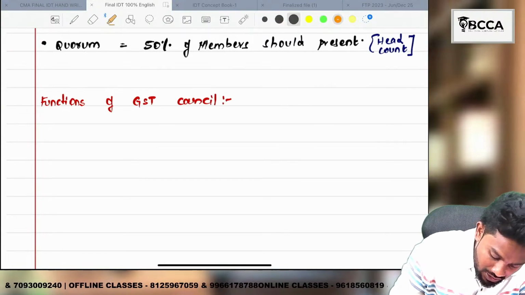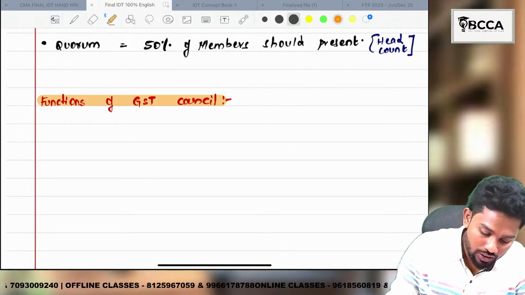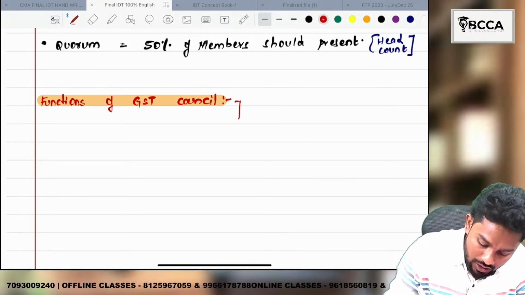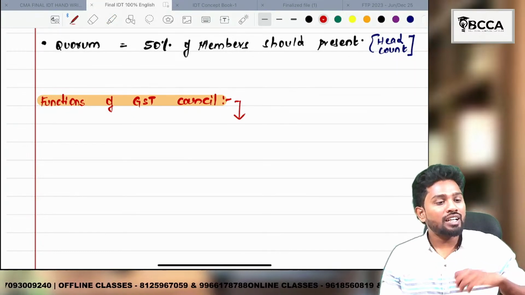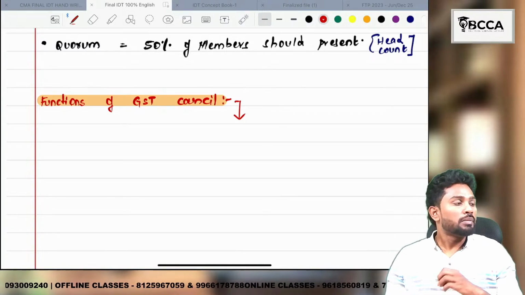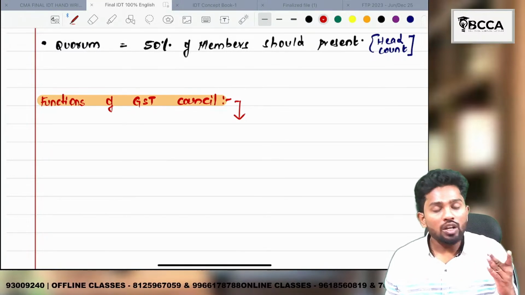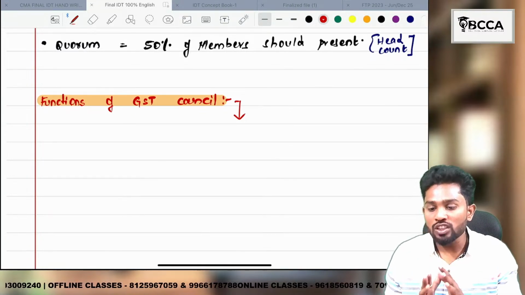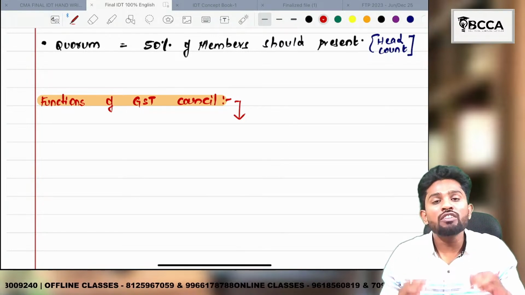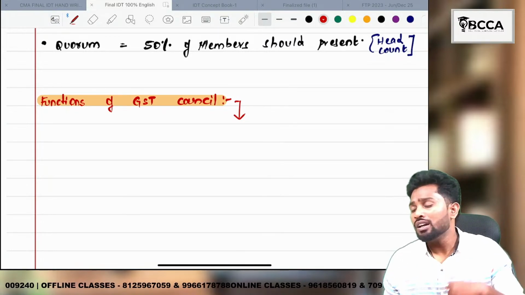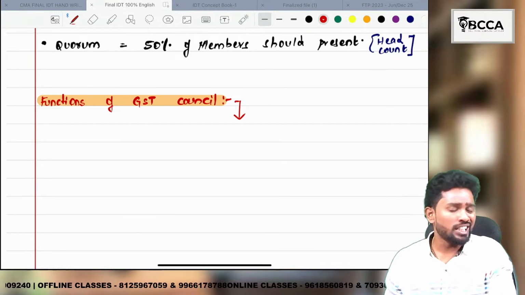Functions of GST Council. So what are the functions of GST Council, sir? Sir, understand, the council is the ultimate deciding authority, but the council on its own cannot frame a law, because as per the constitution, the power to frame a law is only with the parliament or with the state legislature assembly.